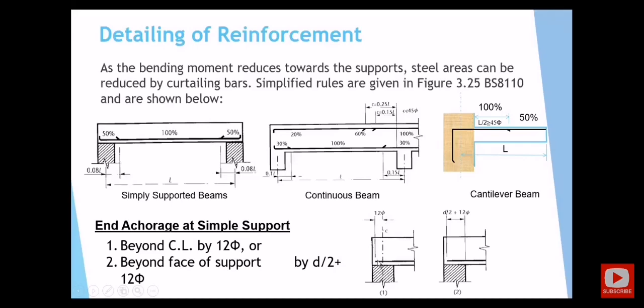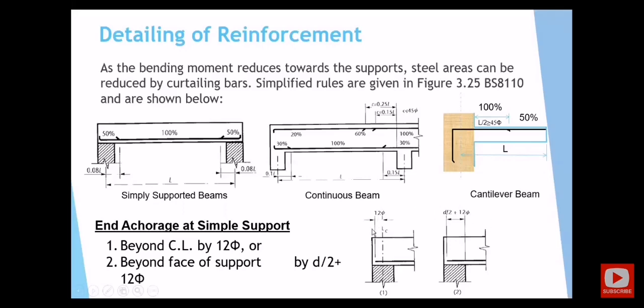So what if this distance is not enough? You have to bend the bar. We have to use some hook here, 90-degree hook, and we bend the bar to extend and to satisfy this requirement by the code. Also, beyond the face of the support, this distance from the face here to the end should be greater than d over 2 plus 12 times bar diameter.